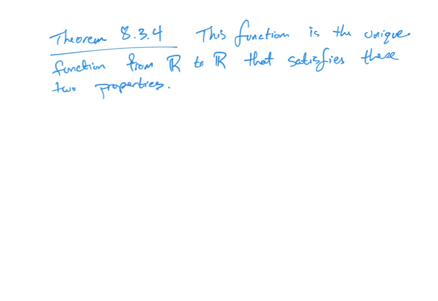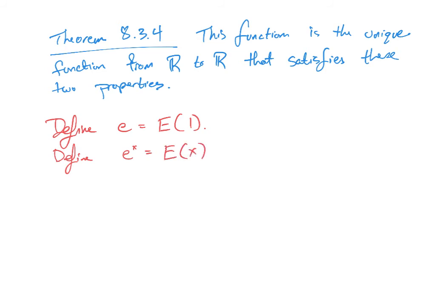Okay, so given all this, we define E to be not E of 0. We define little e to be E of 1. And we define e to the x to be E of x.